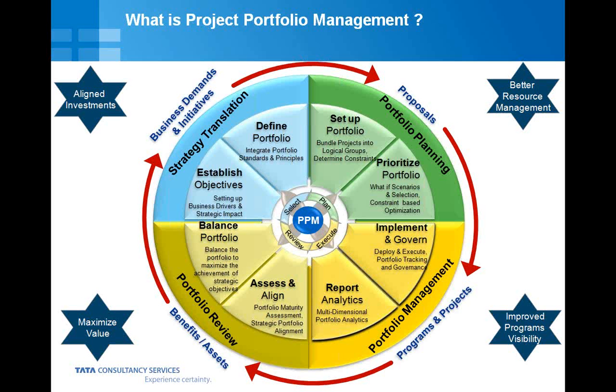Within the proposal, they put all the business risk, value analysis, and the benefits, what are going to be the benefits of this particular initiative. And so the next cycle comes, prioritizing and setting up the portfolio, which is portfolio planning. What is done within this phase is that suitable projects are selected, which are aligned with the organization objectives.